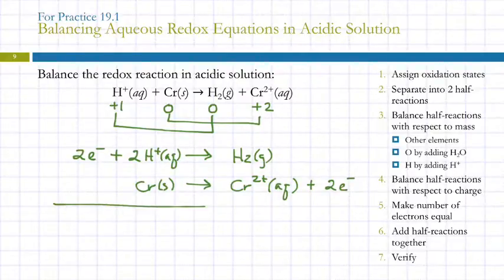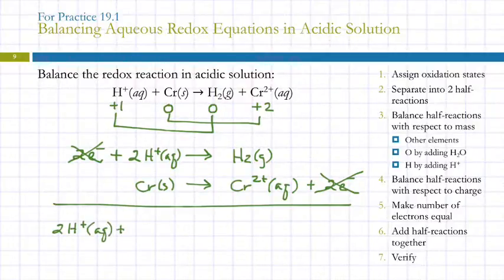So add these together. I've got the same number of electrons. Let's just cross those off right now. And then I'm going to copy down what's left. 2H+ aqueous plus Cr solid goes to H2 gas plus Cr2+.